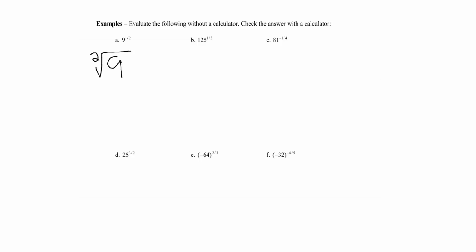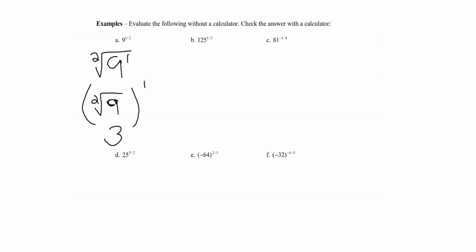You can either put it with the base, or sometimes people put parentheses and write it on the outside. You can do it either way. It's up to you what makes it easier. And then from there, we can evaluate. So I know that the square root of 9 is equal to 3. So that's my final answer.